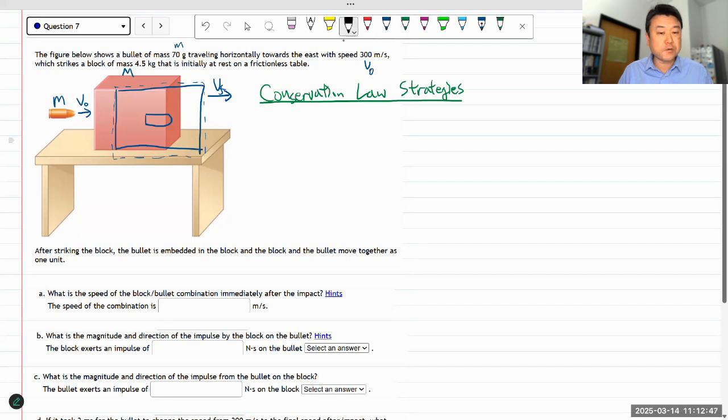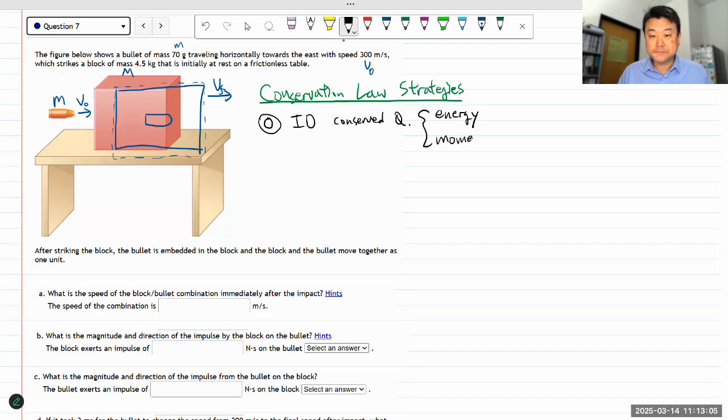As a first or maybe even zeroth step, you should identify the conserved quantity. At this point in the semester, it's super easy. You basically have two choices. You could be conserving energy, or you could be conserving momentum. Later in the semester, you could potentially be conserving angular momentum. But right now, energy or momentum.